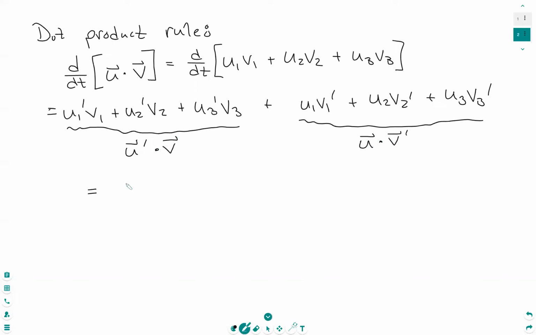So at the end of the day, we can just write this as u prime dotted with v plus u dotted with v prime. So it looks like the dot product works kind of like a product rule, right? Okay. So that was, I guess you can call this rule 4 from above.